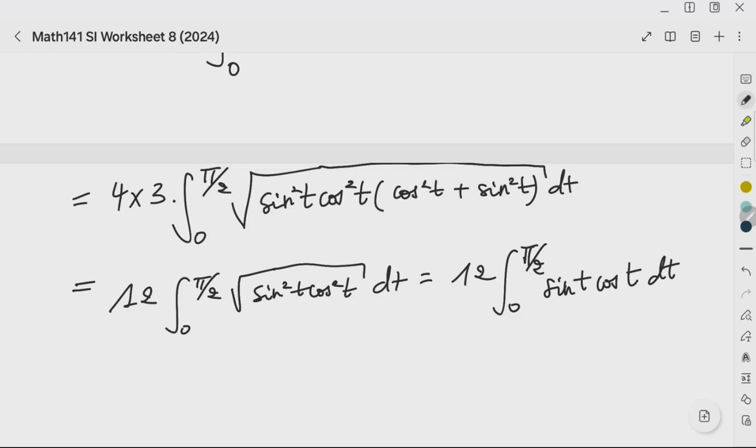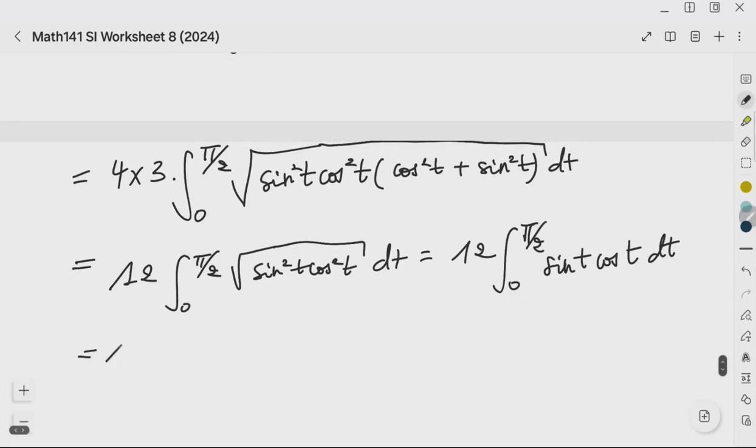Oh, in fact, we can solve it different ways. We could use substitution or double angles. I'll just use double angles, but you could also use substitution here. So 12 multiplied by the integral from 0 to pi over 2 of basically sine 2t over 2.